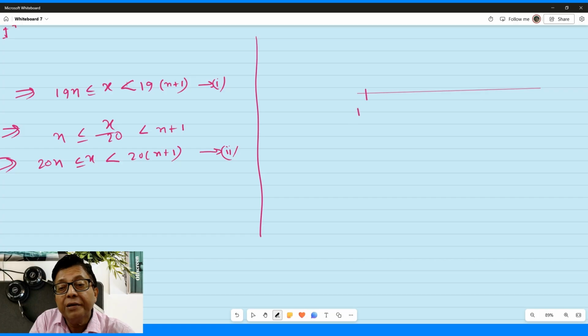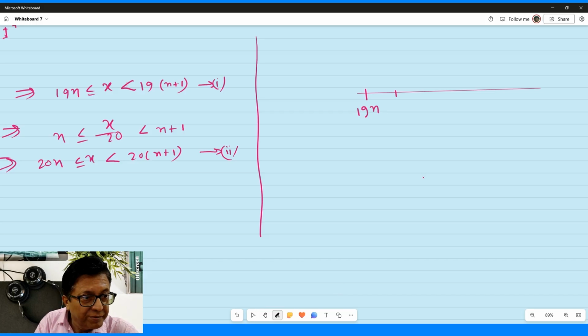19n, it is here. It is less than 20n, of course. And what about 20n and 19n plus 1? Are you confused? 20n starts from n equal to 1. If you take n equal to 2, then it is going to be 57, but this is 40. So 19n plus 1 will be greater than that, isn't it?